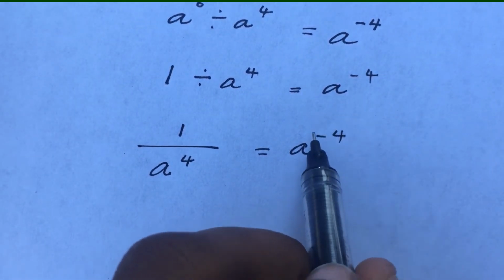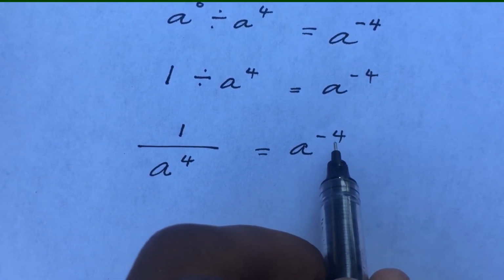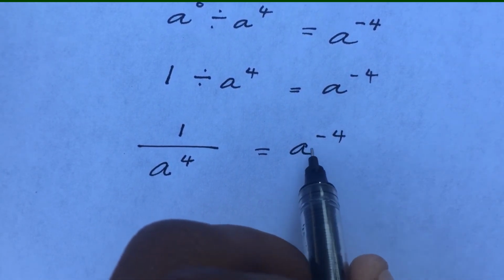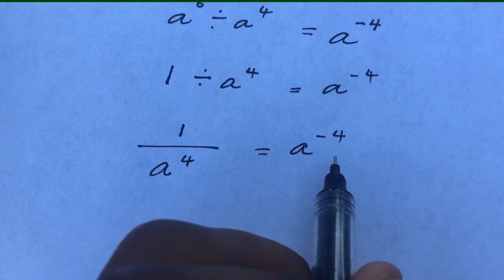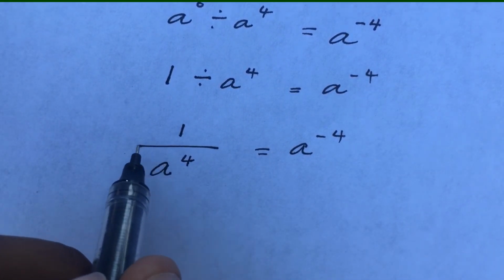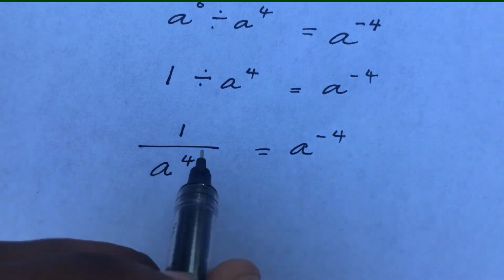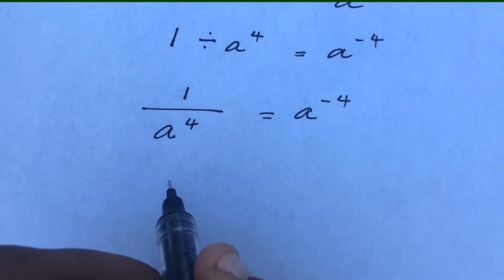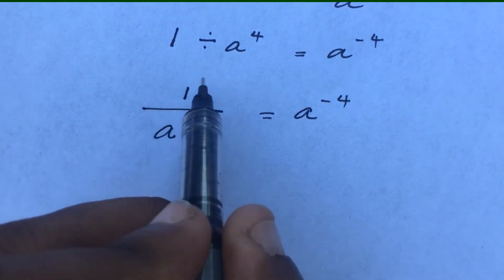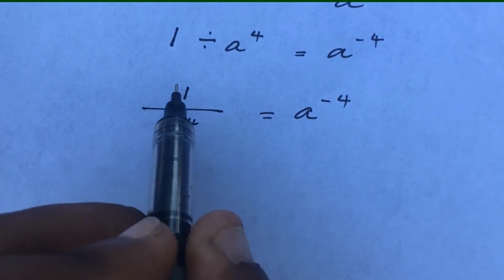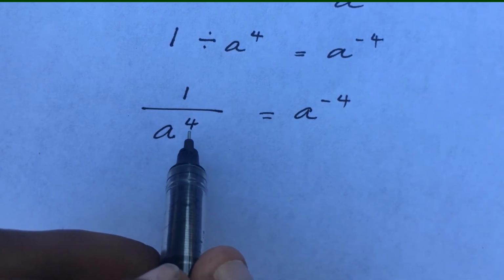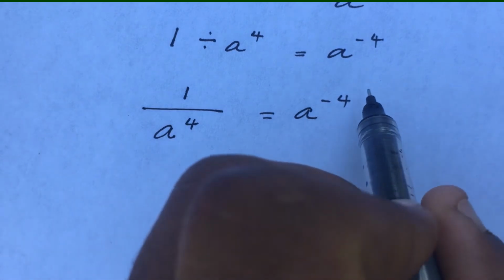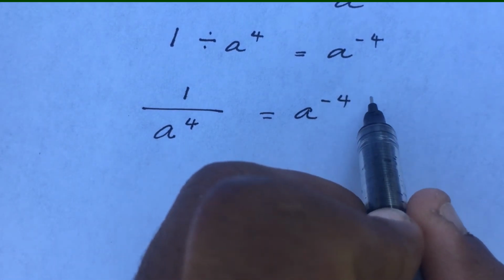Over this side, the index or the power is negative, but the base is basically a whole number, so to speak. Over this side, the base is written as a fraction and the index is positive. So we can say that to rewrite a fractional term with the index in the denominator, you keep the base and rewrite the index as a negative.